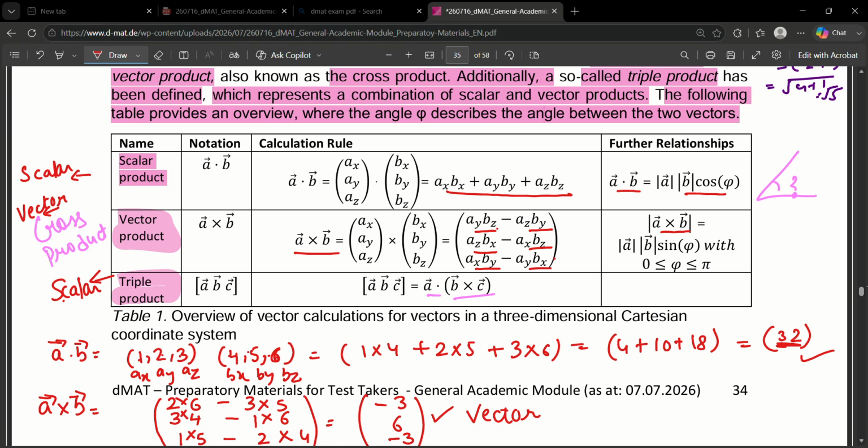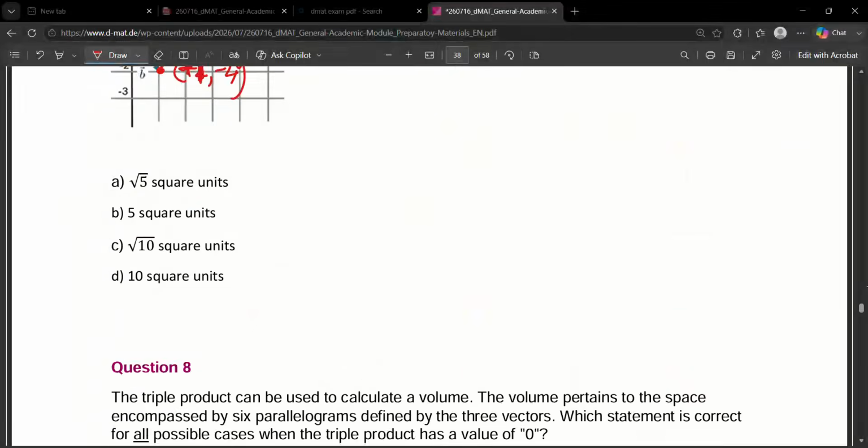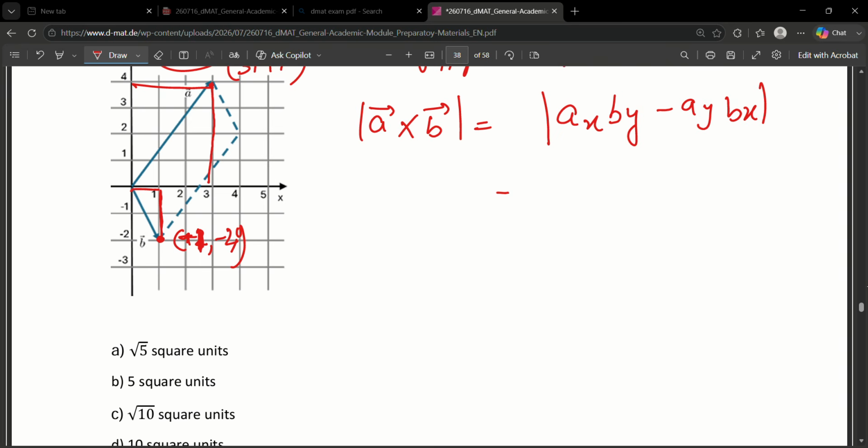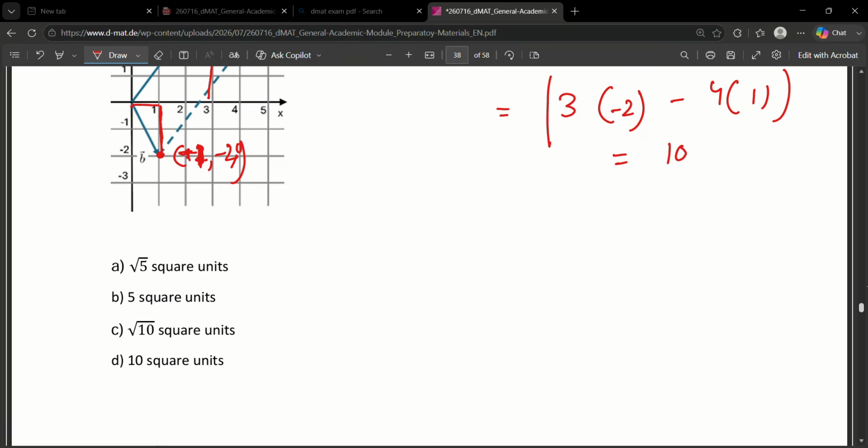So ax by, that only would be the result. So ax, that is 3, by, that is minus 2, ay, that is 4, bx, 1. Answer would be 10 square units.